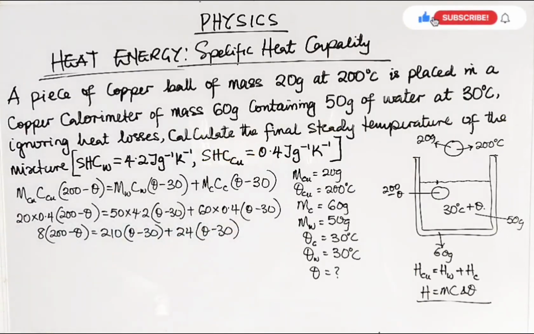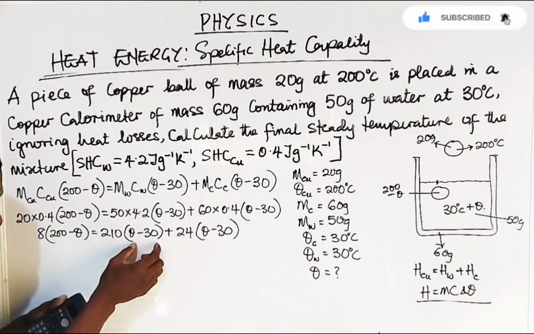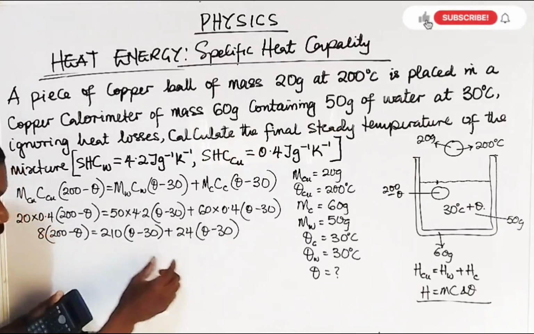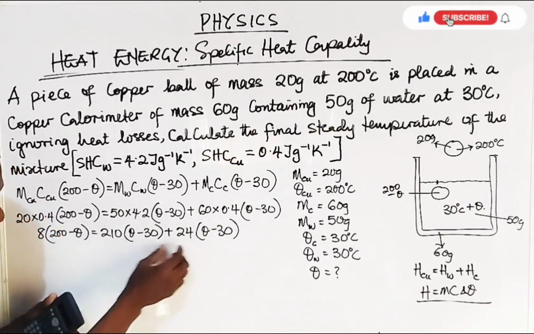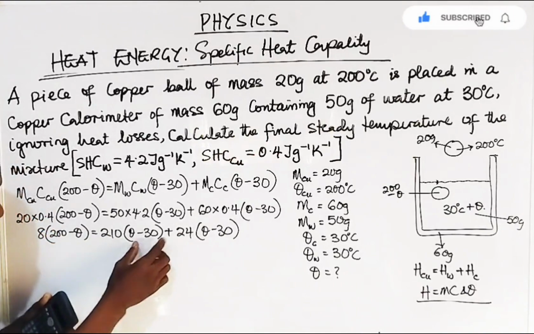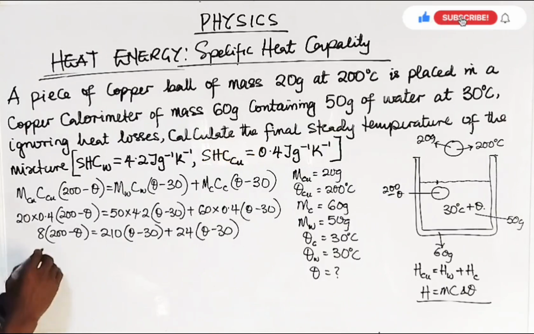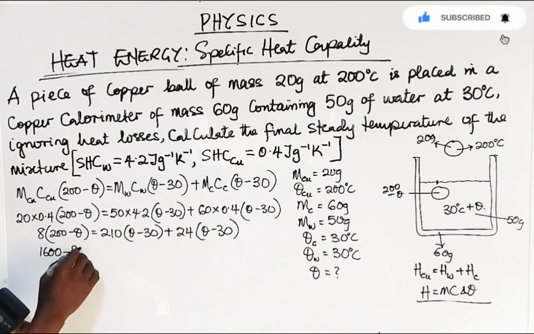Looking at this, so as not to stress ourselves more, you can see that 210 has the term theta minus 30, and 24 also has the term theta minus 30. So they have a common term, theta minus 30, and we factor it out. Opening the bracket on the left, 8 times 200 is 1600, and 8 times theta is 8 theta.